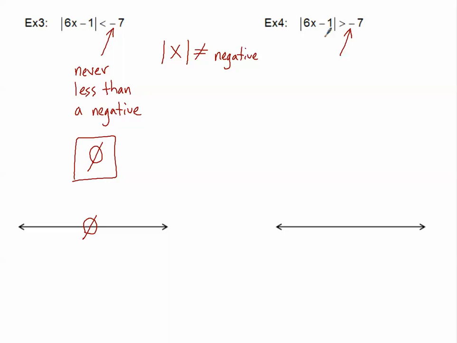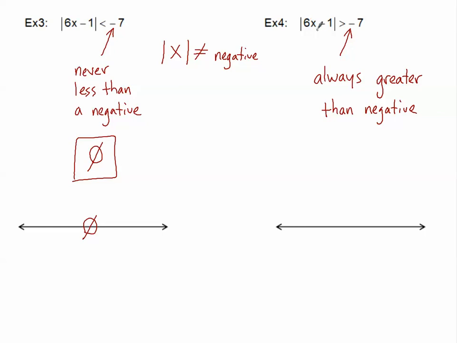Conversely, if we're talking about absolute value greater than negative 7, well, that will always be true. Absolute value will always be greater than a negative.